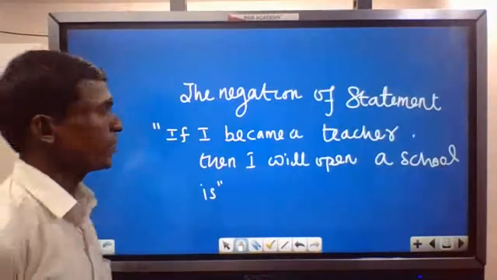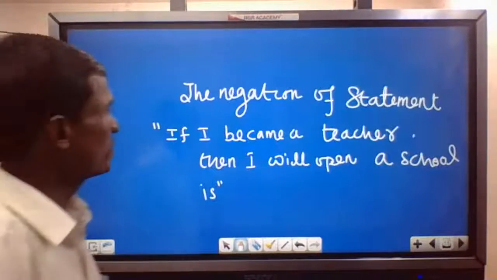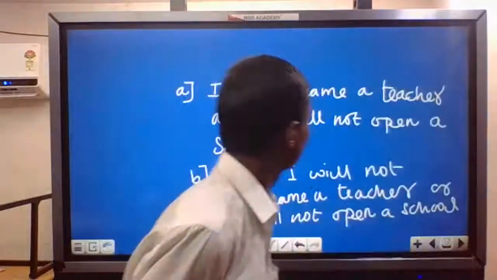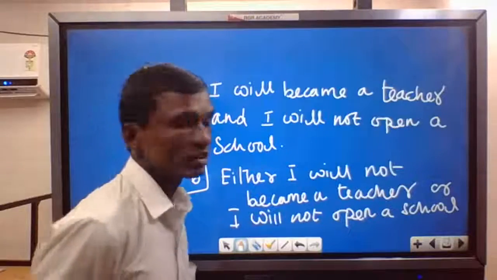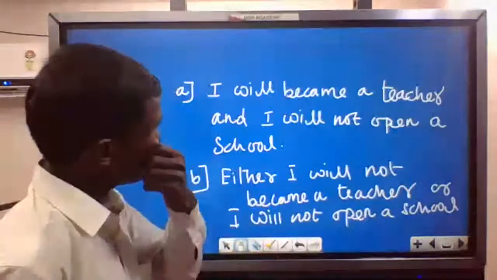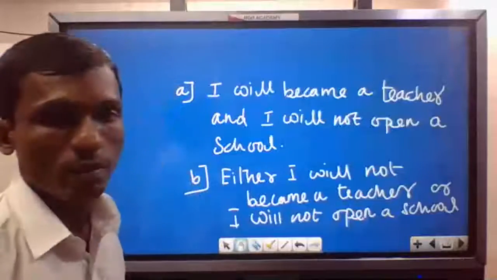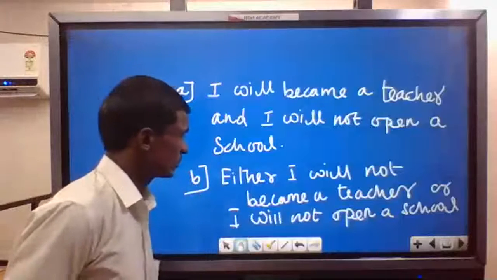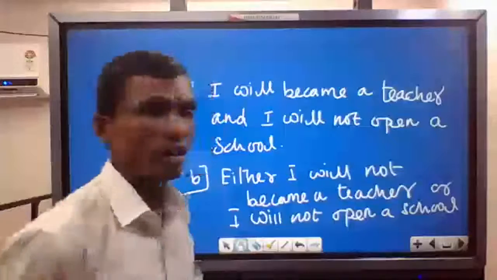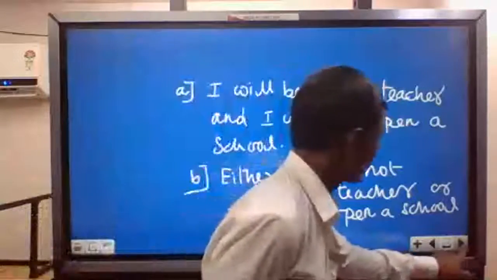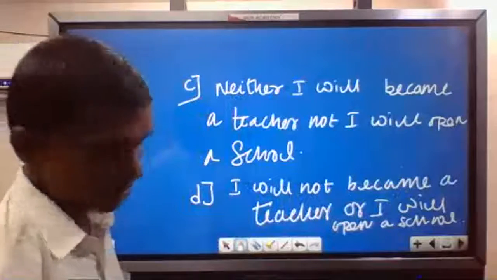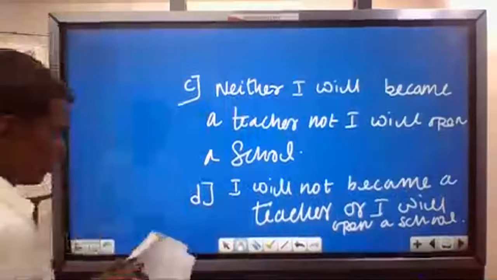So the negation of the given statement, if I become a teacher, then I will open a school, is the first one: I will become a teacher and I will not open a school. Second one, either I will not become a teacher or I will not open a school. Third one, neither I will become a teacher nor I will open a school.